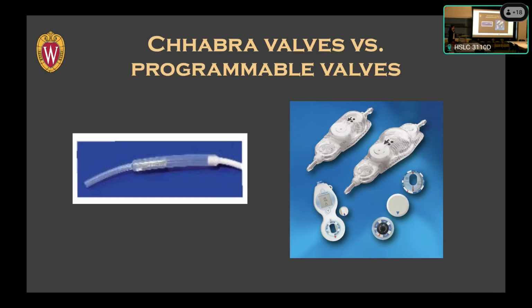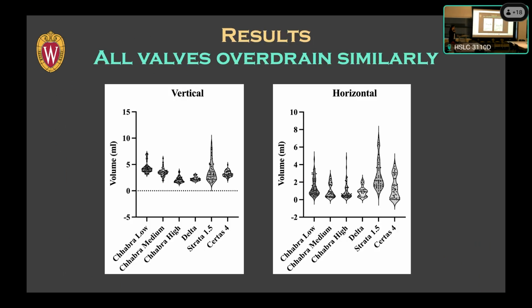So we got the Shabra valve, which is a $60 valve used in India, South Africa, and other low-income countries, and compared it to the programmable valves that are used in high-income countries, such as the Strata and Certas. And this is what we found.